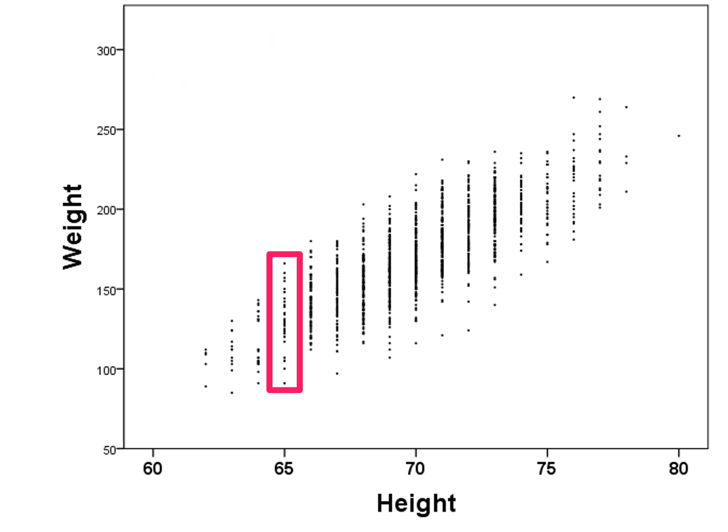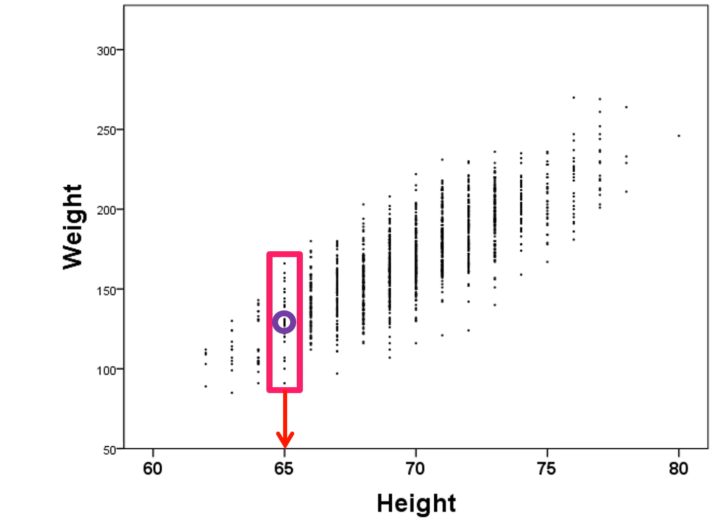Let's begin by focusing on this subgroup of men. These are men who are 65 inches tall. So these men are about 5 feet 5 inches tall. This circle shows the mean weight of the men in this subgroup.